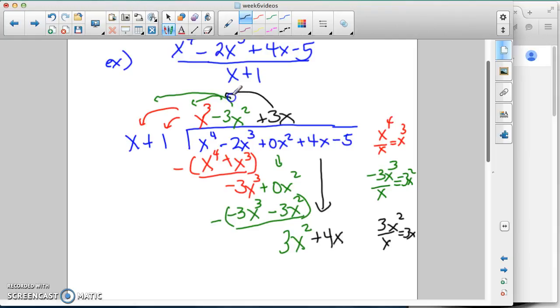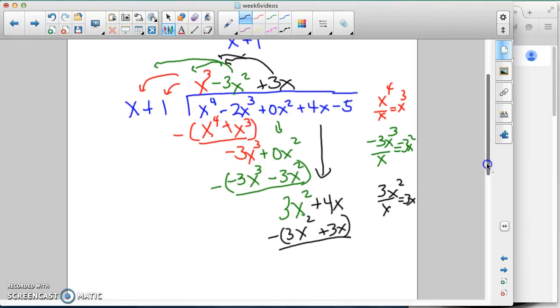We're going to distribute that, so I get 3x squared plus 3x. We're going to subtract. So this goes away. Each time we do this, the first term should disappear because we picked the right term for that. We subtract here, and we just get x.